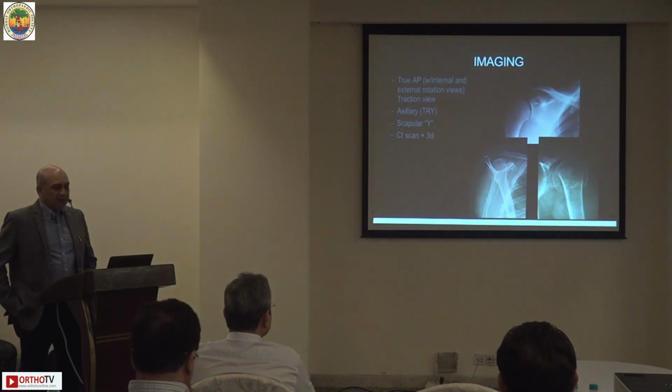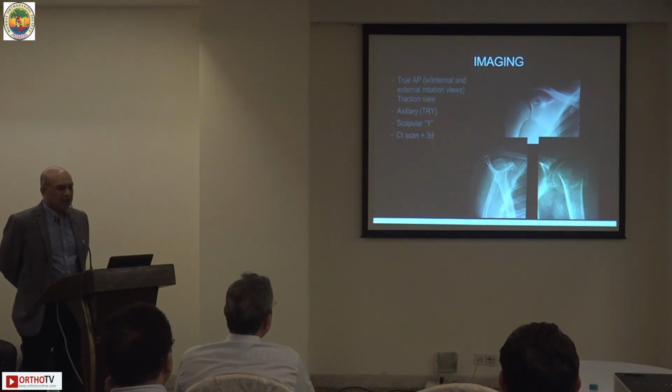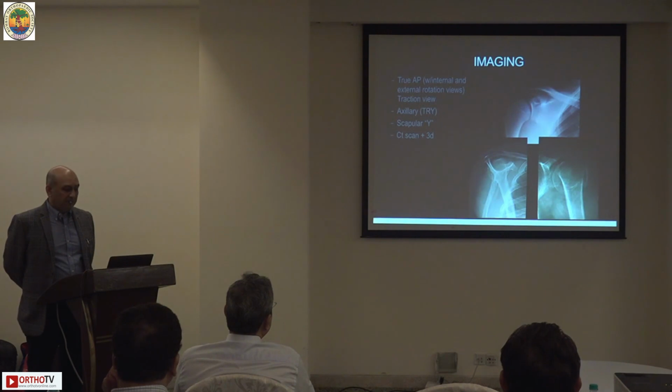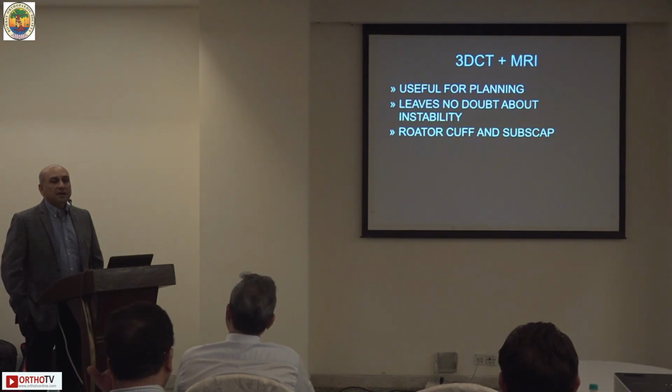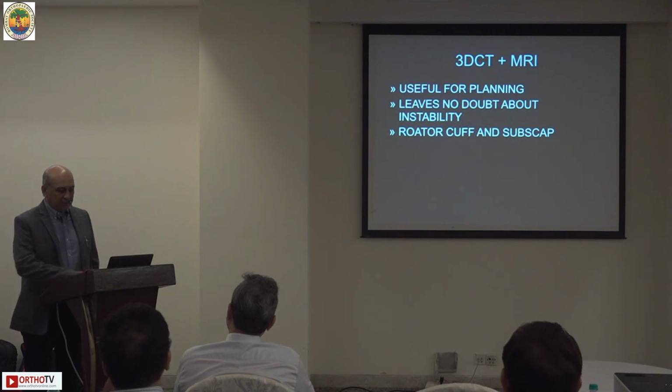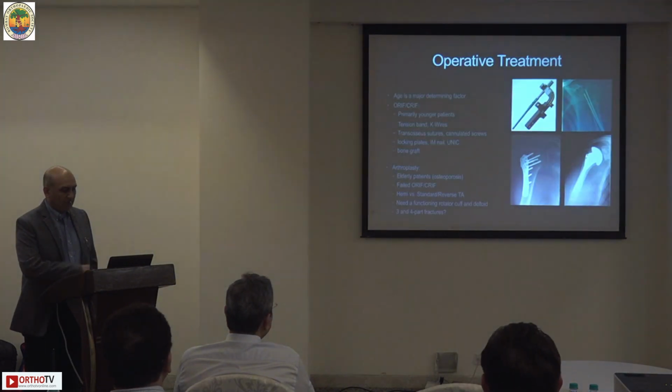Imaging wise, classic X-rays: AP X-ray, axillary X-ray, if possible a scapular view, and a traction view is quite useful. A 3D CT and MRI scan is very useful in assessing the complexity of the fracture, how many fragments we have, and the MRI scan to see if the rotator cuff and subscapularis are intact.